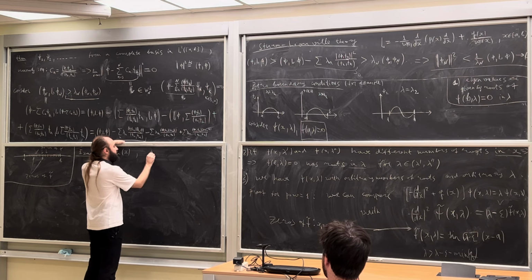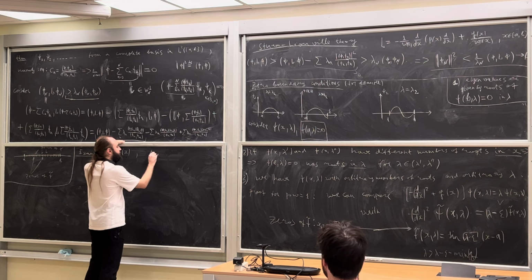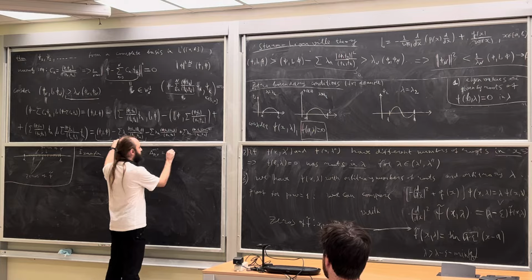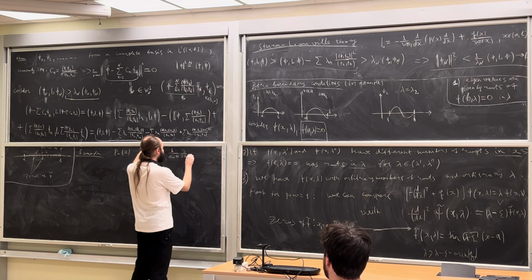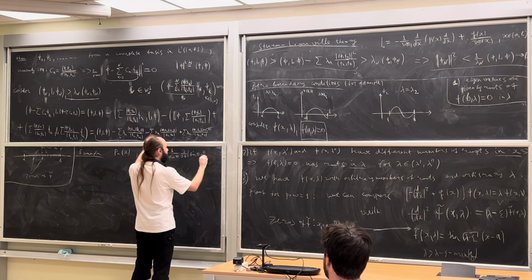So we had this Laplacian in theta, phi for n equals 0, and this Laplacian looks like one over sine theta d by d theta of sine theta d by d theta.